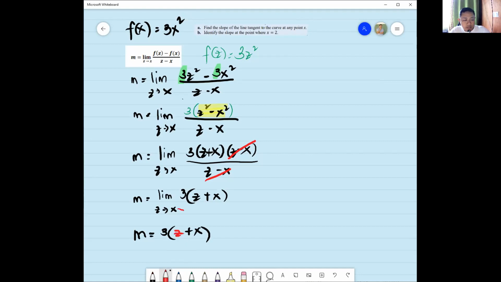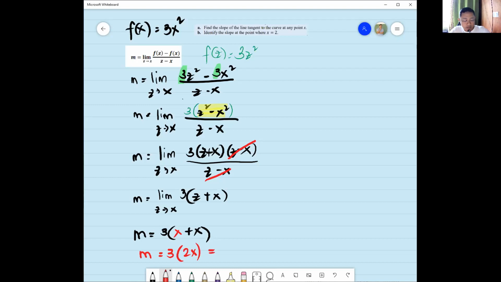Sorry, it's not z. It's actually x. This actually came from this. That's why it became x. Can you follow? That's because we already evaluated our limit. So in the end, we will have here m is equal to 3 times x plus x, which is 2x.